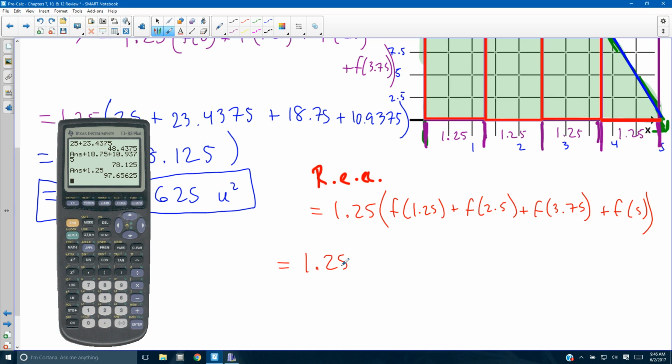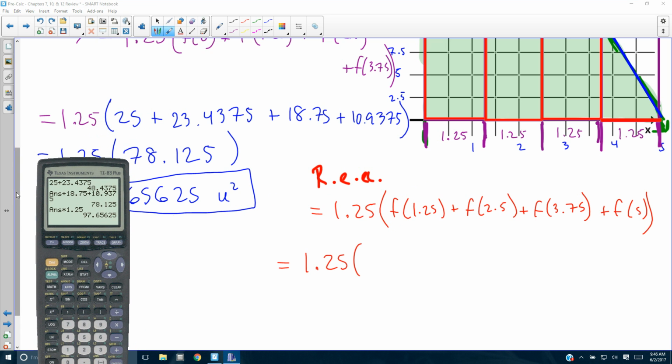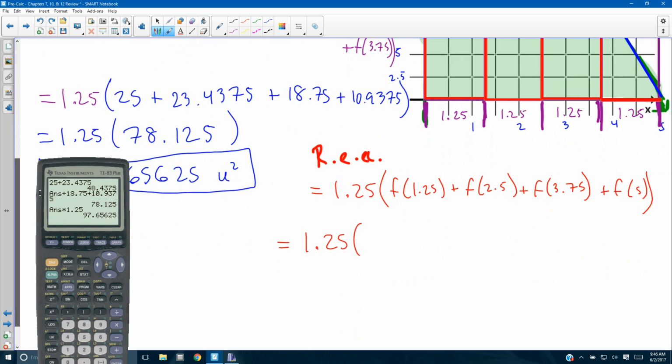We already know these numbers here. F of 1.25 was 23.4375. F of 2.5 is 18.75. F of 3.75 is 10.9375. And f of 5 is just 0. That height is 0, so base times height there will be 0 as well.